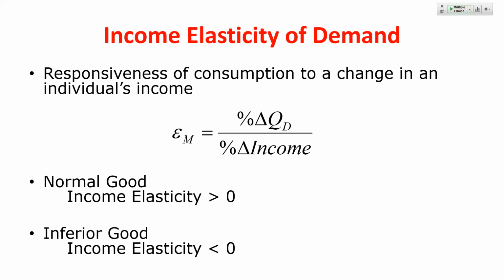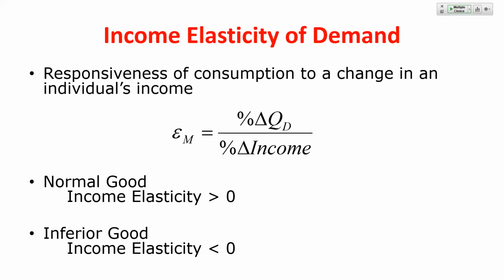Well, if I've got a percentage change in the quantity demanded for good X, and I'm now not interested in how responsive demand is to changes in the price of that good, but changes in income, we typically use M to represent income.